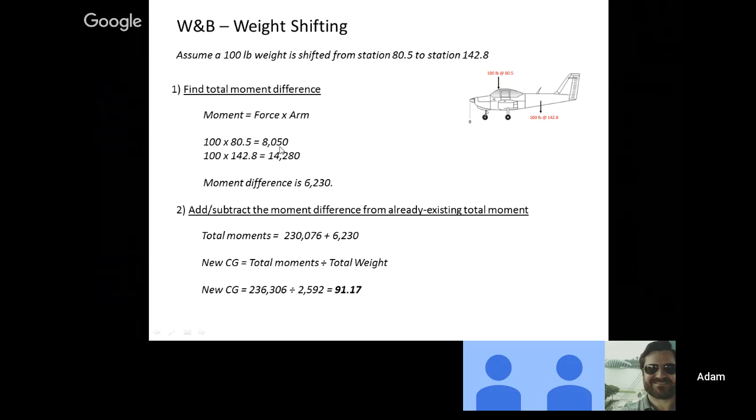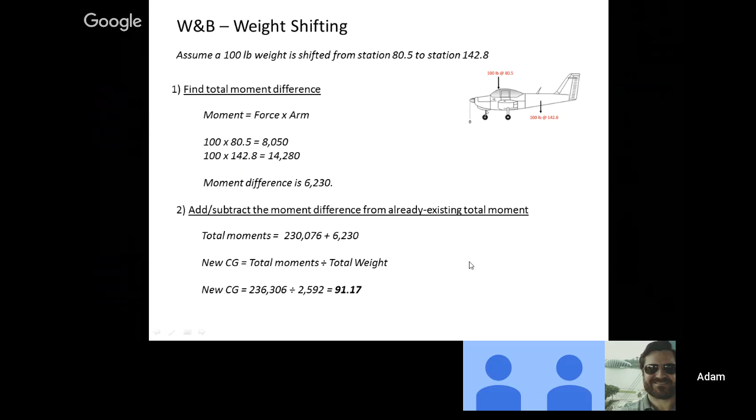So essentially what we're doing, if you think about it from a seesaw perspective, is we're taking that big 200-pound dude and we're moving him further away from the fulcrum. We're moving him further back, thus increasing the total moment, which is why we add that moment difference to the original moment.